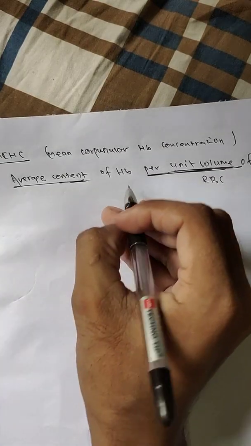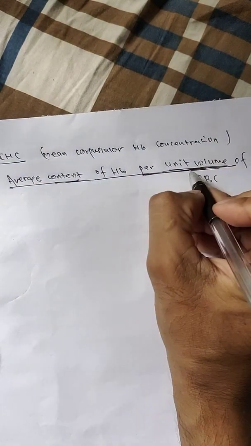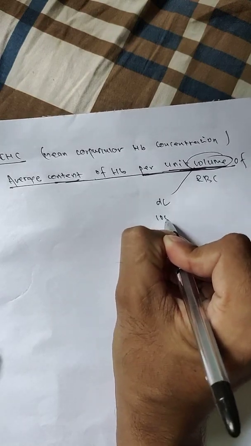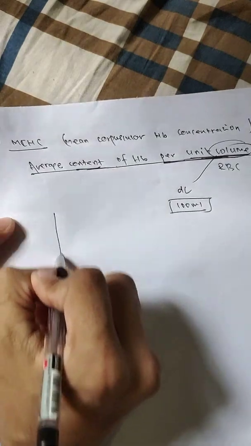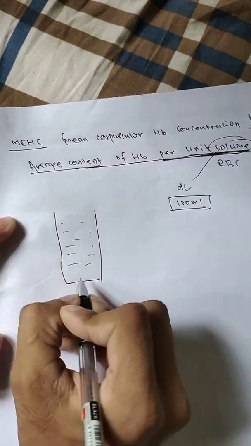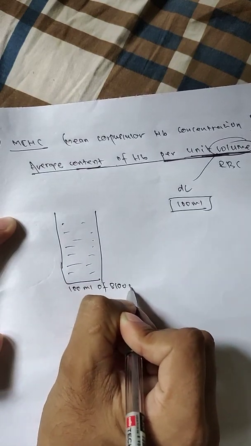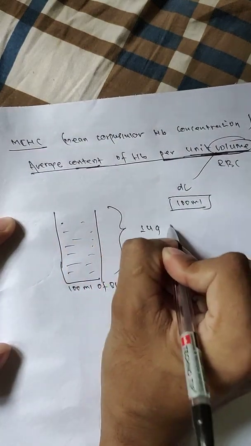For the value of the MCHC, we usually take the volume in the form of deciliter, that means 100 ml. Again, let's say there is a container containing 100 ml of blood with 14 gram of hemoglobin.